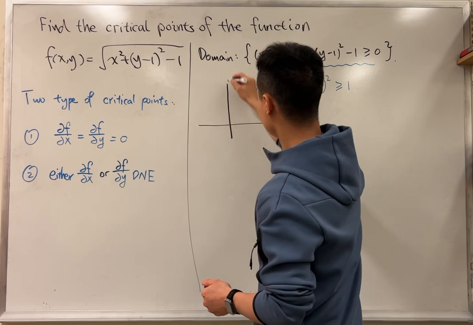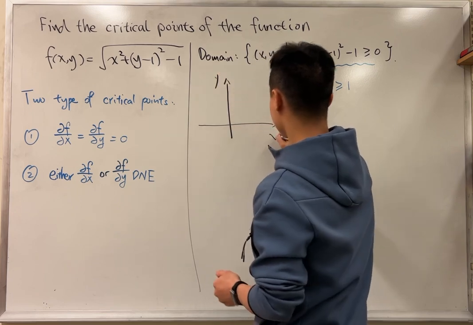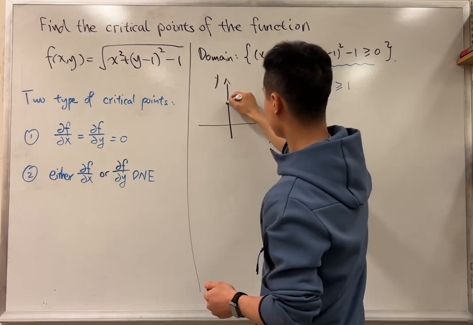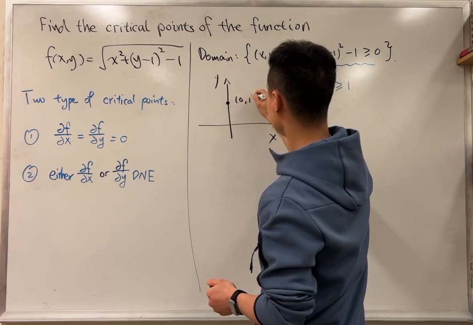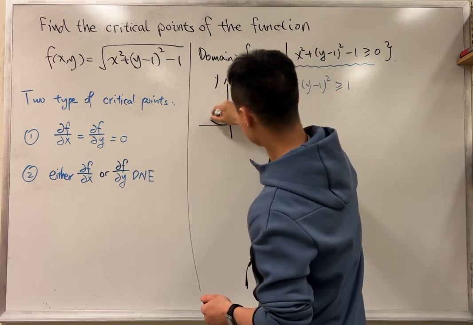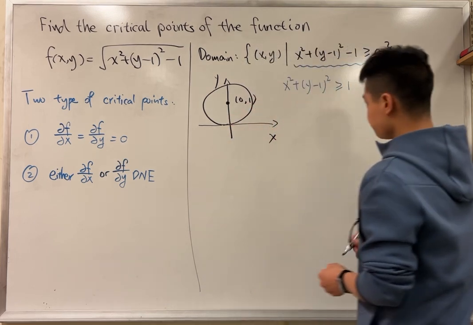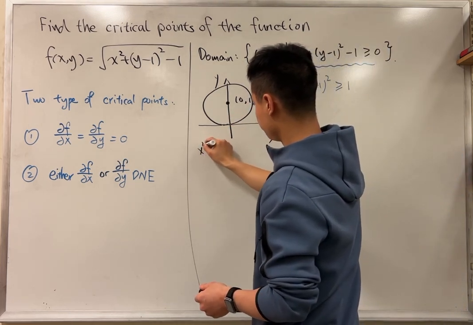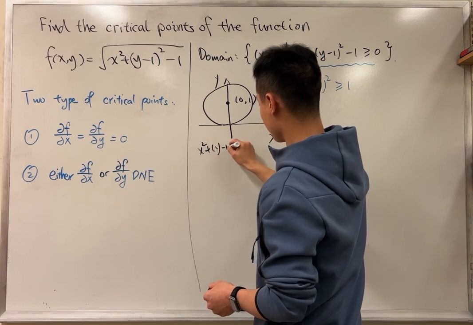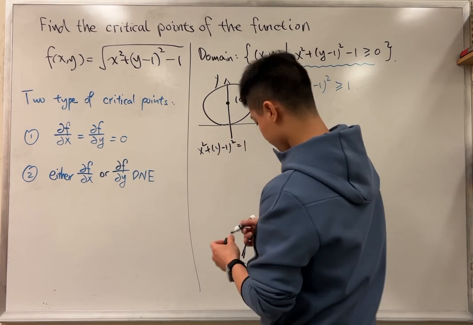Let's have this y-axis and x-axis. A circle centered at the point (0, 1) with radius 1. So a circle looks like this. Okay, so this circle is x squared plus (y minus 1) squared equals 1.